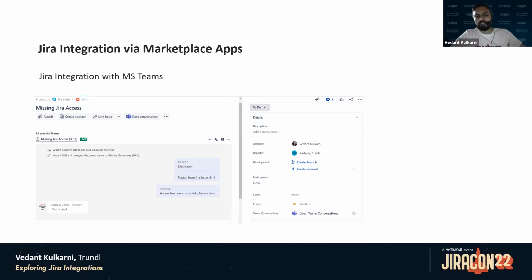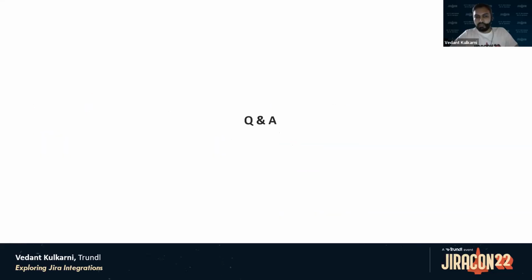If you want an advanced level of integration, explore the marketplace apps, and you can have Jira integrated with your well-known applications and your inbuilt applications as well. I hope this clarifies it.